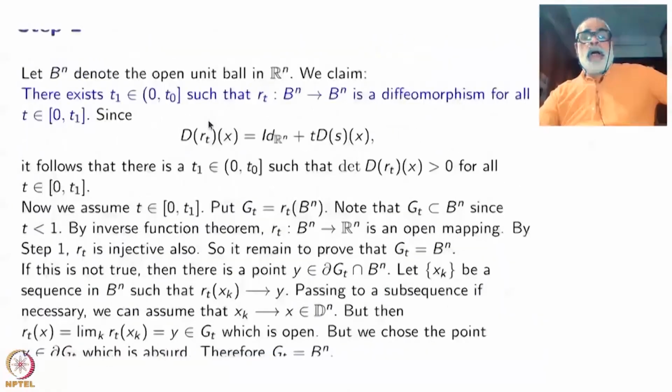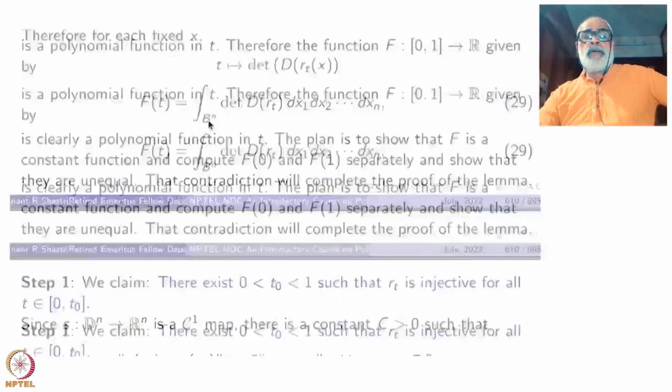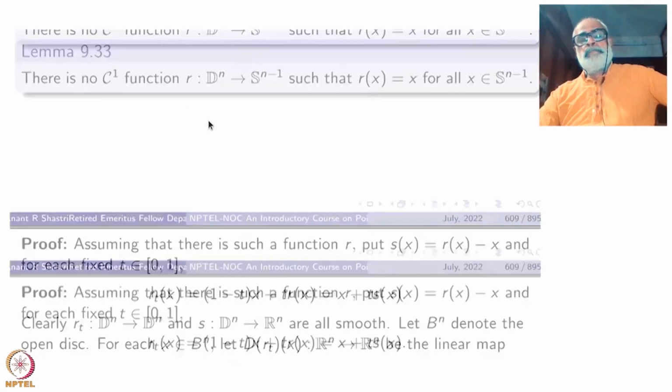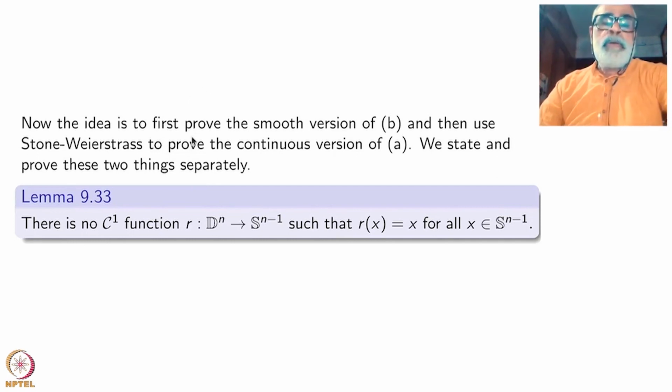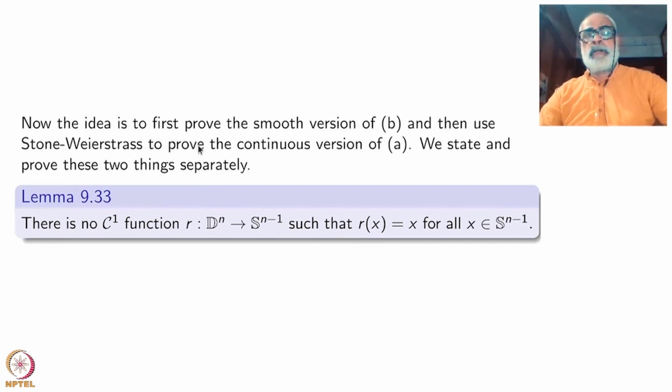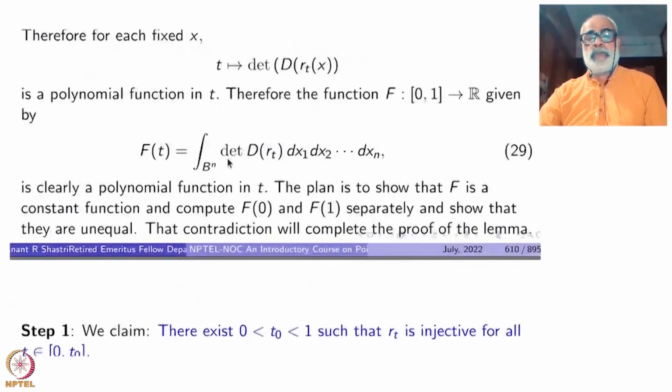So what I have done is I have just proved the C1 version here. Now you can apply Weierstrass theorem to get the continuous version. As soon as I prove any one of them, all the three statements get proved. In particular, Brouwer's fixed point theorem gets proved. Okay. So that's all. So thank you.